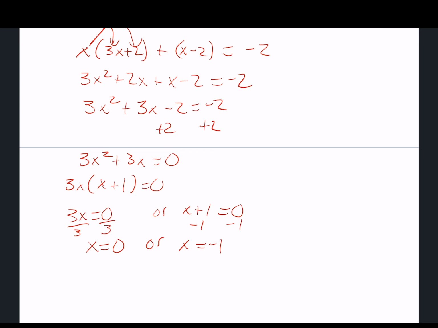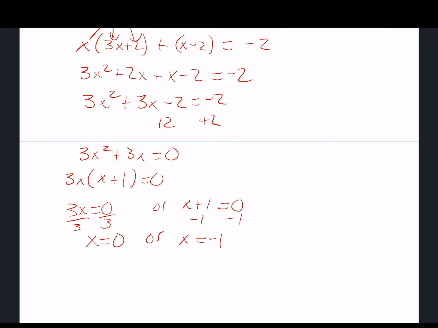So in our original equation, let's copy that equation down. 3x plus 2 over x minus 2 plus 1 over x is equal to negative 2 over x squared minus 2x. Well, I can already see that if we put x equals 0 into this portion right here, we will get division by 0. So that cannot happen. So what happens when we plug in negative 1?